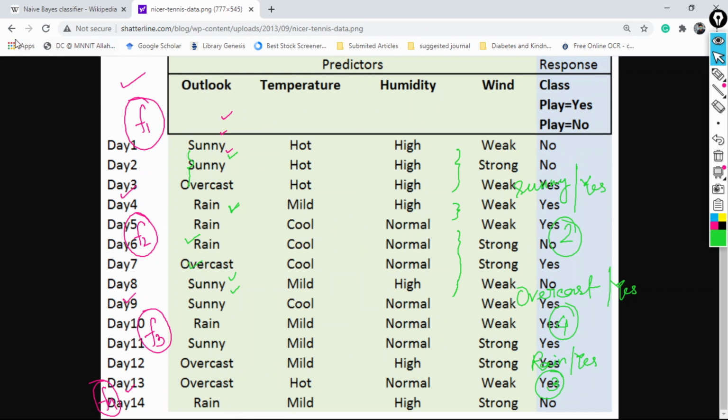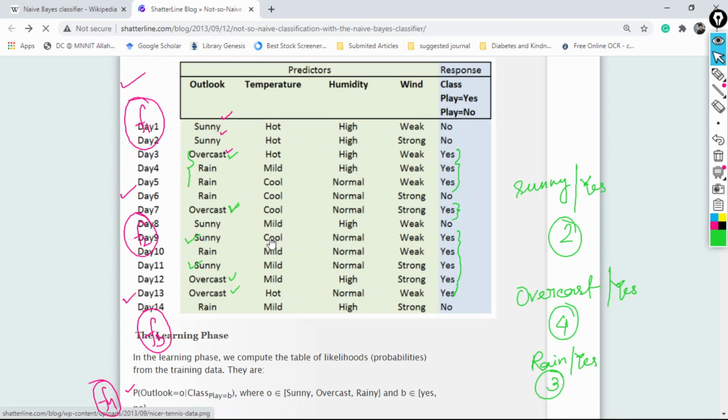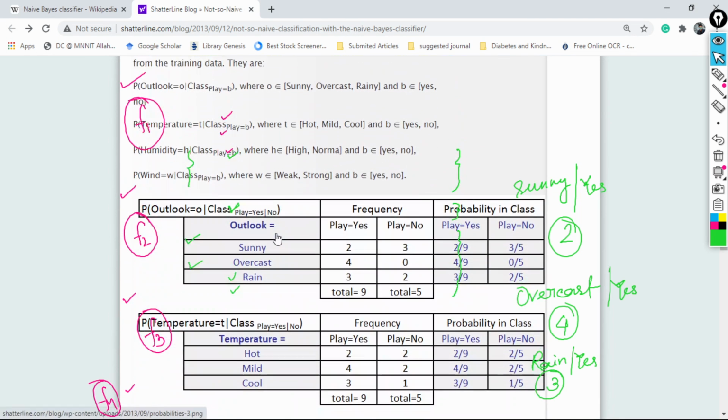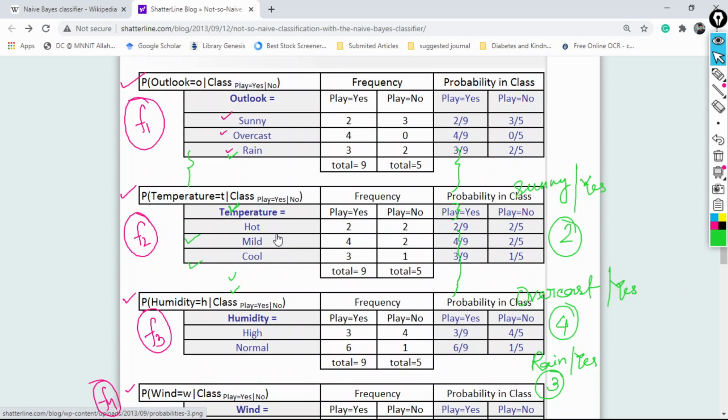I think you already learned how we are calculating this value. Just see here, we considered the sunny, then only 2 points. Consider the overcast, only 4 points, and rain, only 3 points out of total 9 points. Similarly, for no classes, we can easily construct this.